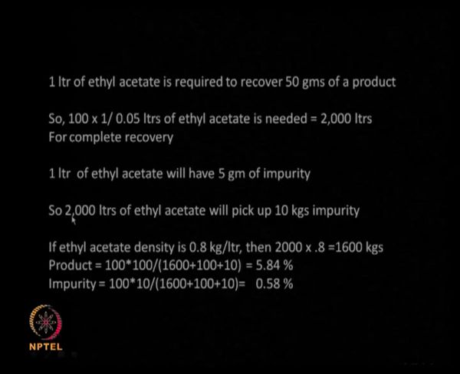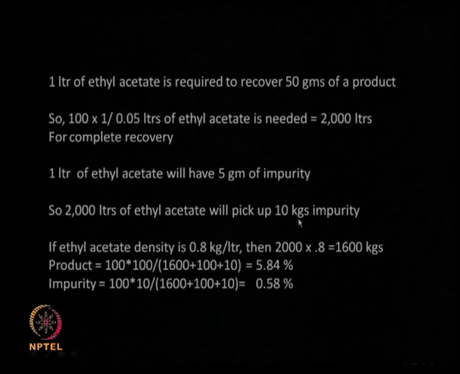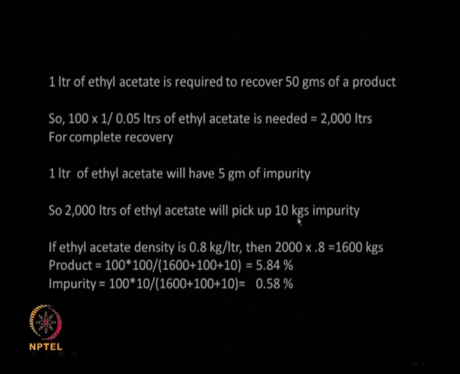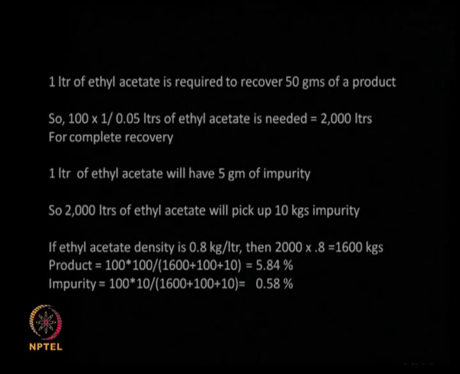I will end up with 2000 liters times 5 grams, so 10 kgs of impurity will get carried away by the ethyl acetate, because 1 liter of ethyl acetate will pick up 5 grams of impurity. So my 2000 liters of ethyl acetate will have 100 kg of the product and 10 kg of the impurity, okay.